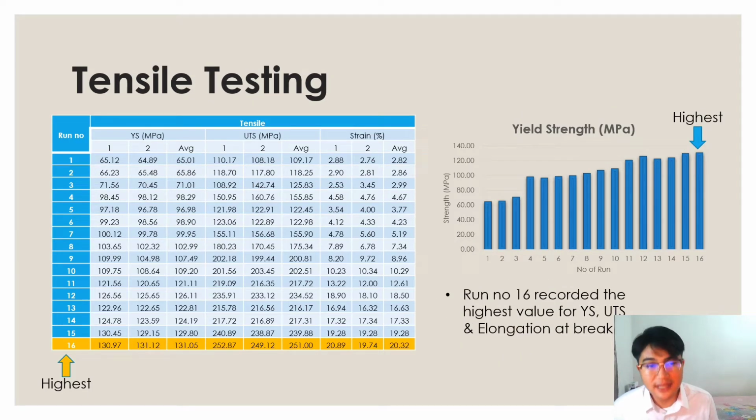Then for the tensile testing, once again, sample run number 16 recorded the highest value among three types of strength: the yield strength, the ultimate tensile strength, and the elongation at break, closely followed by sample number 15 and sample number 12.